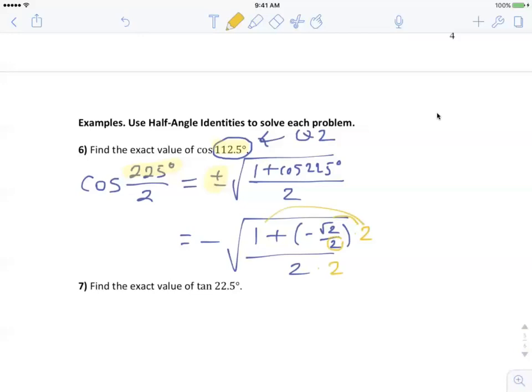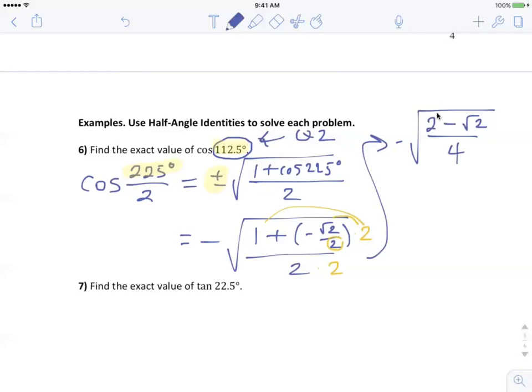So this is going to be negative square root, when I distribute that 2, it's going to be 2, a plus a negative is just a minus, and then root 2 all over 4. 2 times 2, 4 down there.